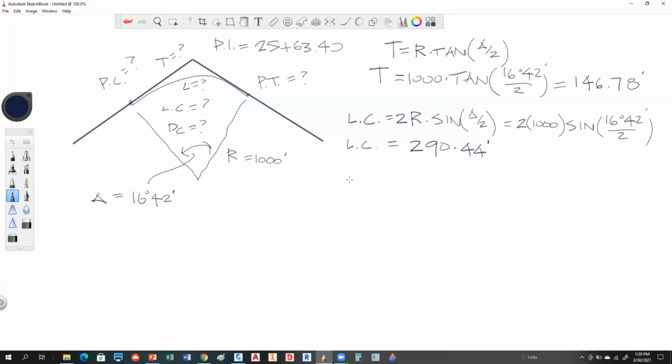Length of arc, L, is equal to delta pi r over 180. So delta is 16 degrees 42 minutes. Pi, don't use 3.14 as the number because that'll round it too much. So make sure you're using what your calculator has, which is a much better number for that expression. Okay, so let's see what we come up with here.